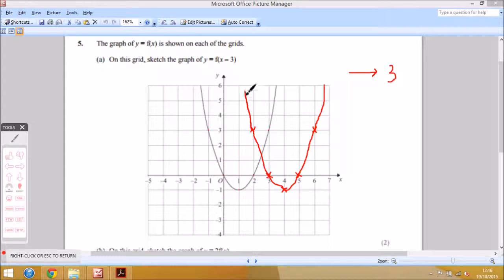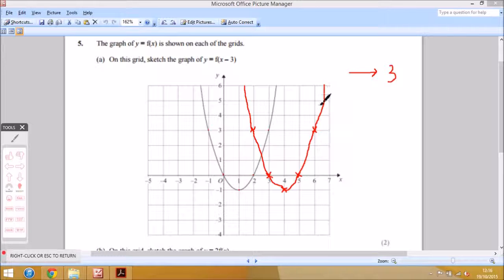So you have to plot these known points correctly, the ones that I've put a dot on, because those are very easy to transform.